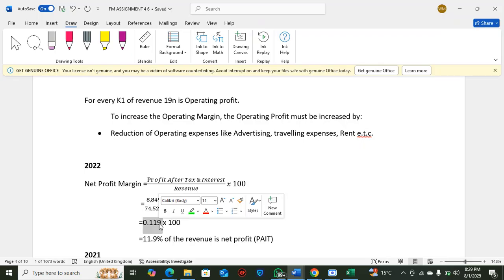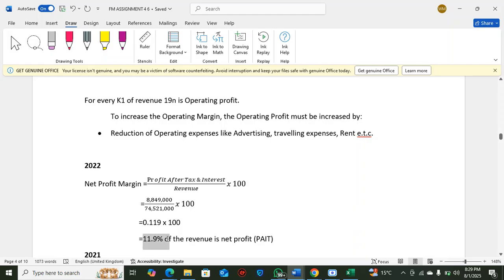So for every one kwacha we make in revenue, approximately 12 ngwe is net profit. If we convert this into percentage, 11.9% of the sales revenue is net profit, profit after interest and tax.